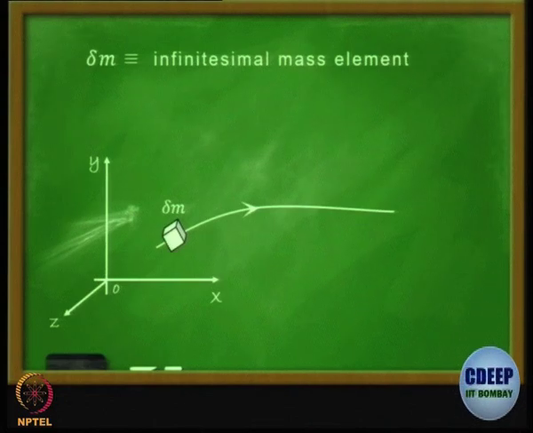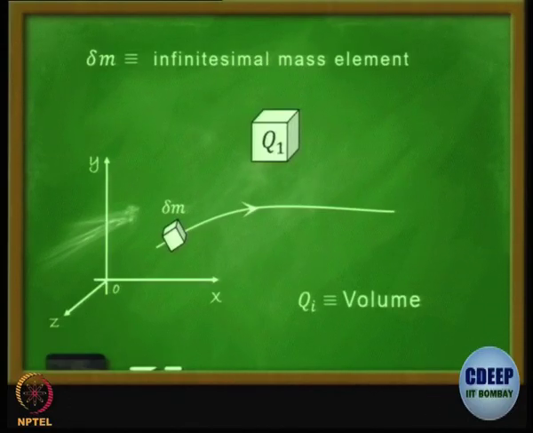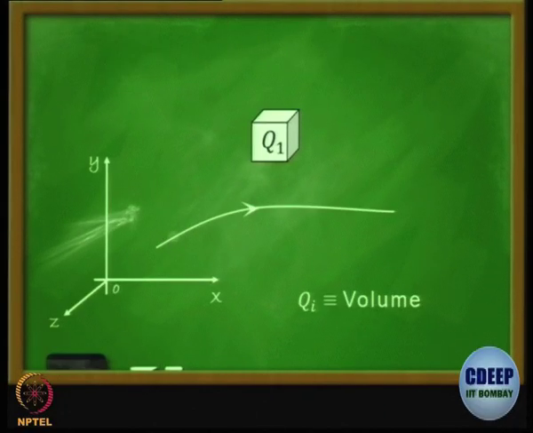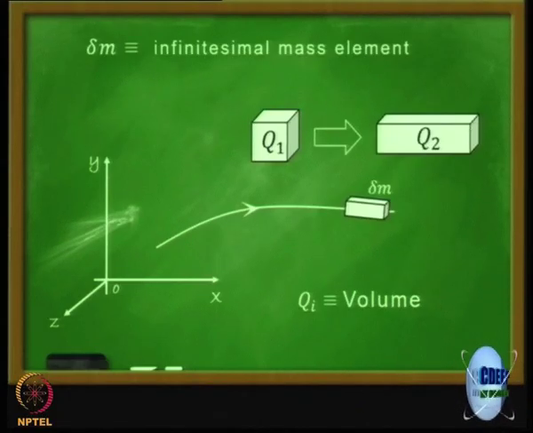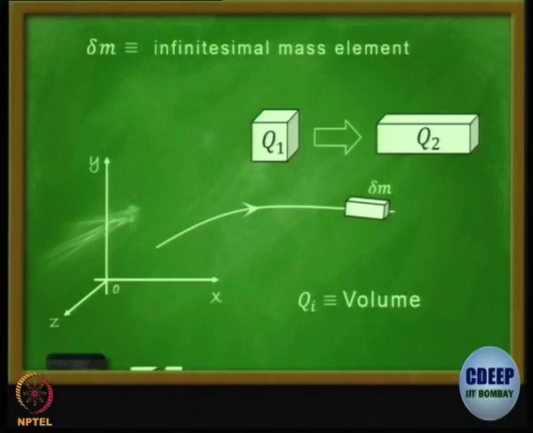So that means it is a fluid particle for all practical purposes. It has some shape. This particle has a volume Q1. Now this particle moves in the fluid and its volume becomes Q2. If Q1 equals Q2, then the flow is incompressible.